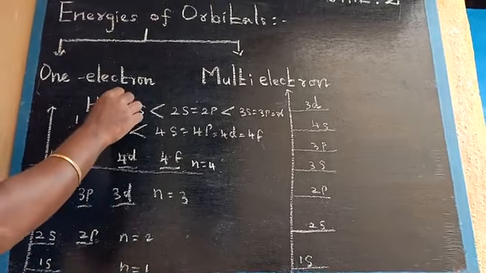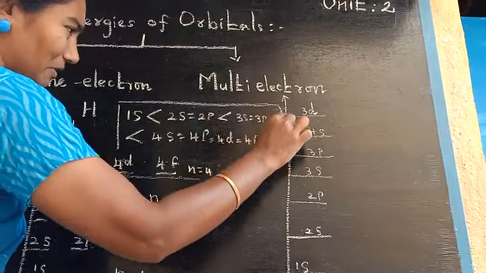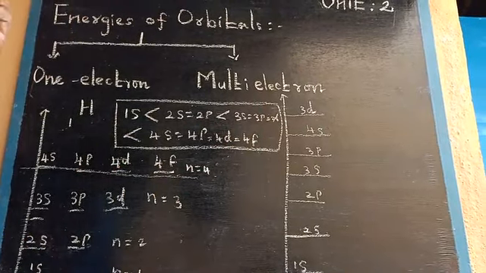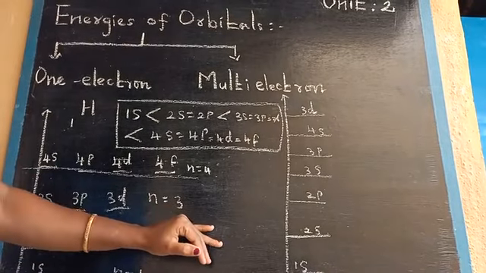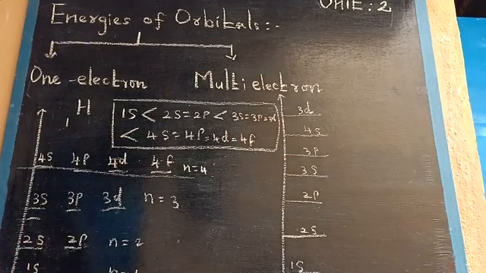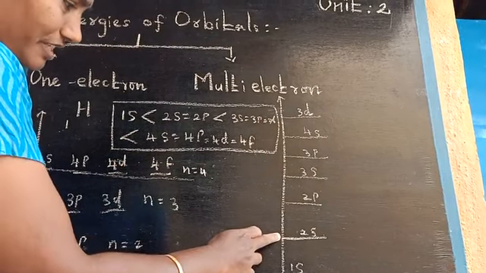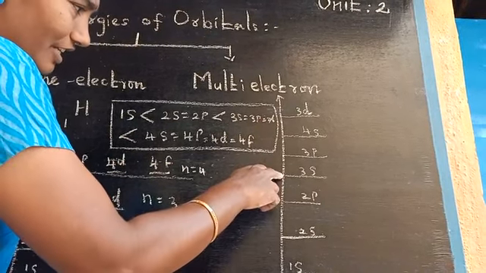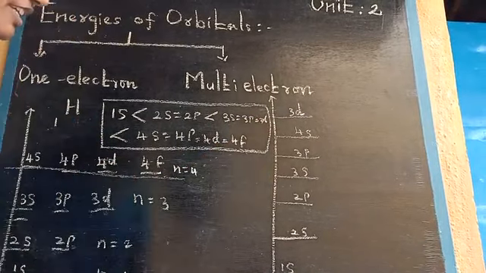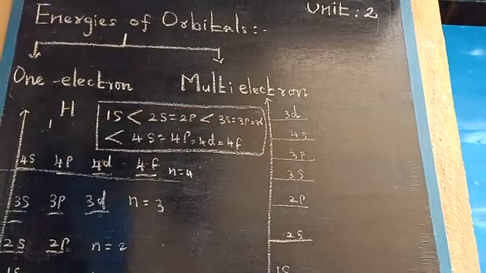This order is not possible for a multi-electron system. In a multi-electron system, the energy levels follow like this: 1s, 2s, 2p, 3s, 3p, 4s and 3d. Here also there is variation.